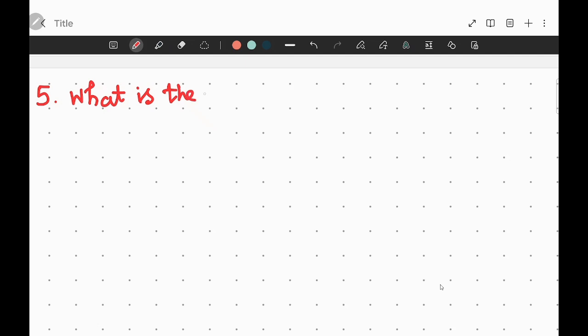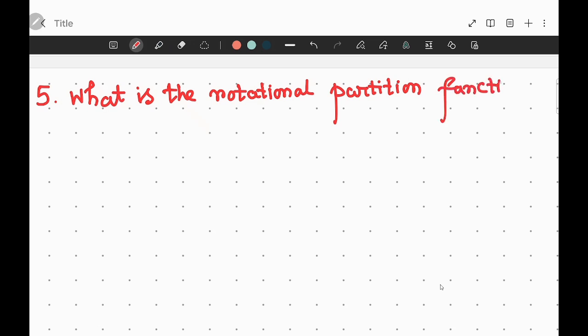What is the rotational partition function of H2 molecule at 300 Kelvin?